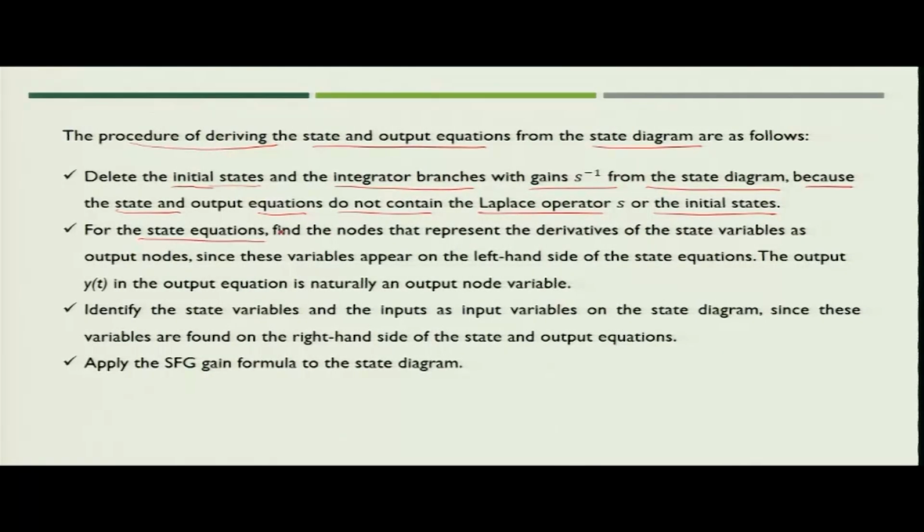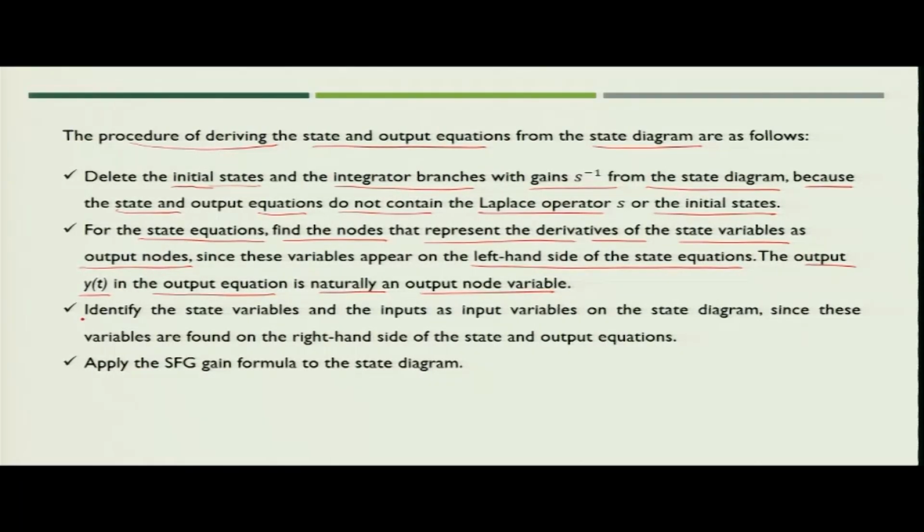Now, for the state equation we identify the nodes that represent the derivatives of the state variables as output nodes. This will become the left side of the state equation, and then the output y(t) will also be identified. In the output equation we will represent y(t), which is naturally an output node variable in the state diagram.